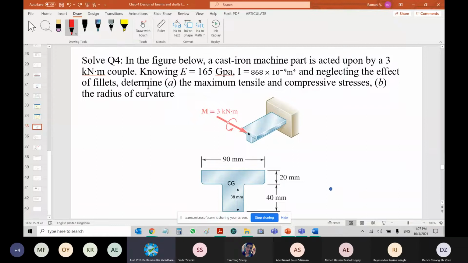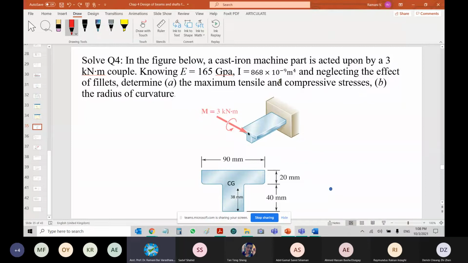Neglecting the effect of fillets, right? Fillet effects, if you go to mechanical, then you will also understand these minor deformations, but we don't include minor deformations. Come on. Determine maximum tensile stress and compressive stress.